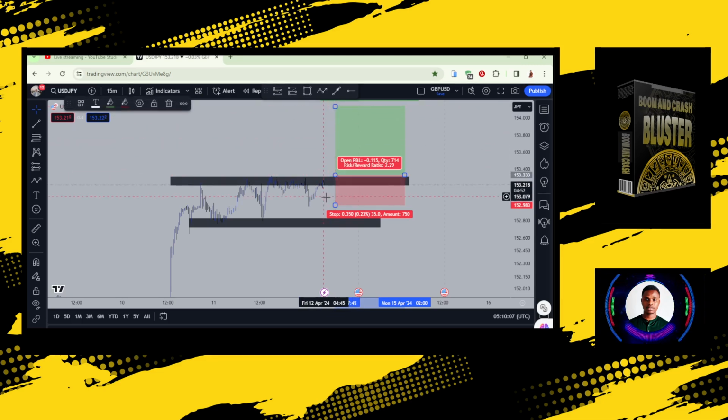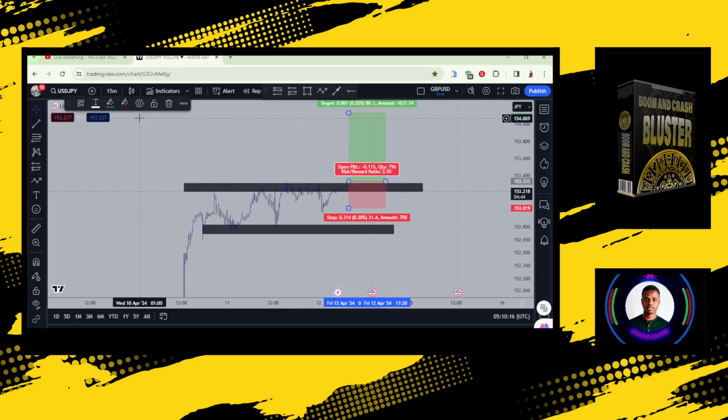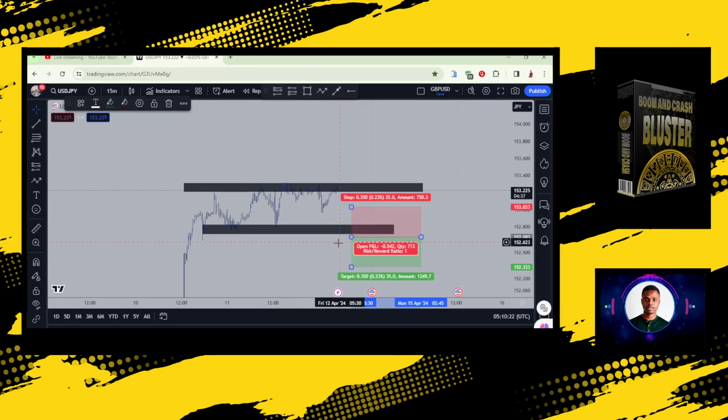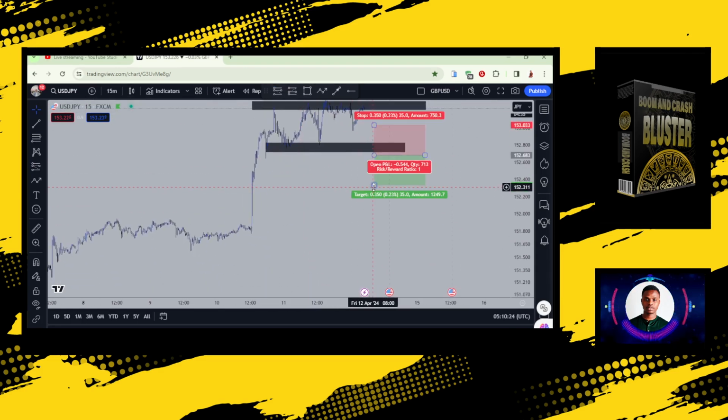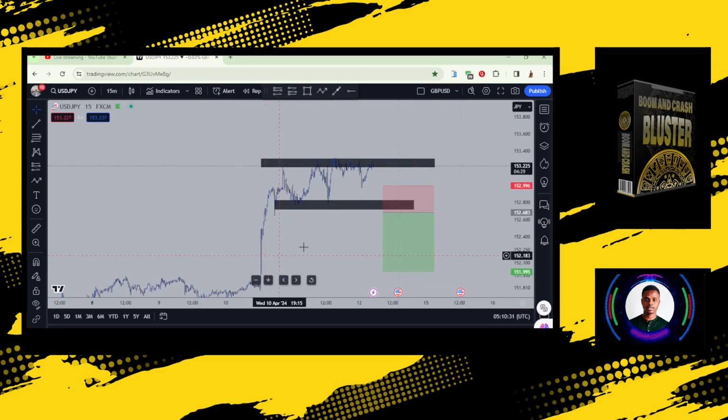My first trade is likely going to look like this, but I'll wait for a break and retest, and then I'll place the trade. It will likely look like this. And then if the market goes to the downside, my trade is likely going to look something like this.